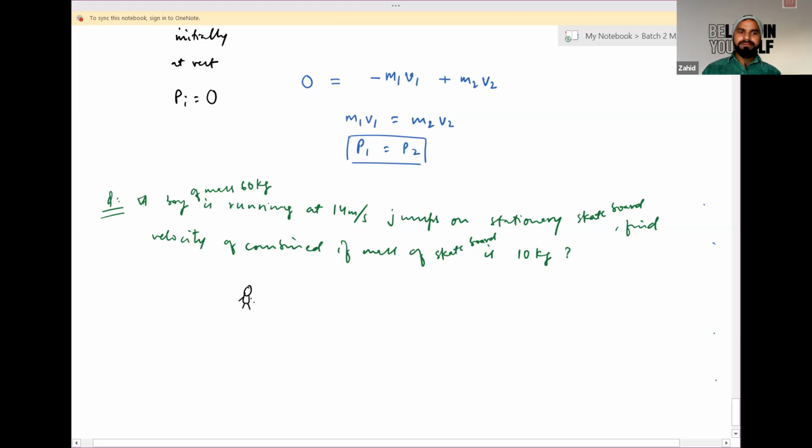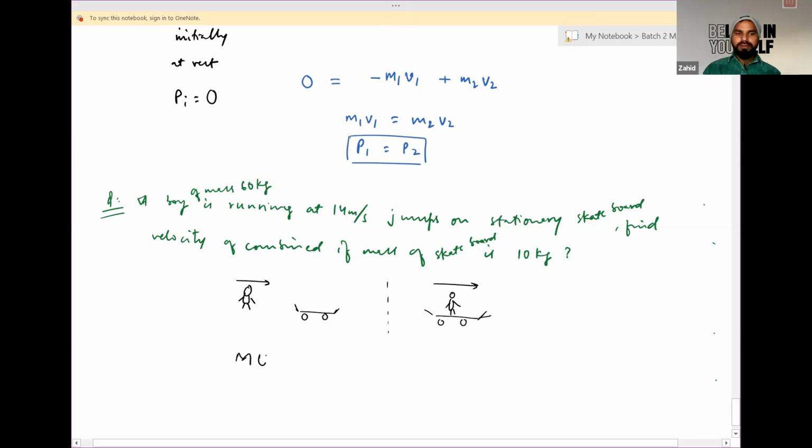There is a boy who is running along this direction, and a skateboard which is initially at rest. So total momentum before and total momentum after should be equal.